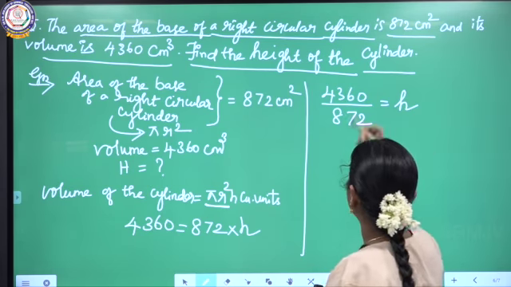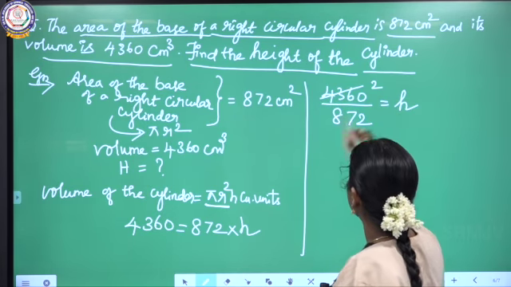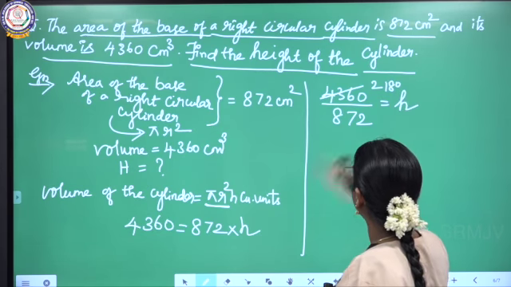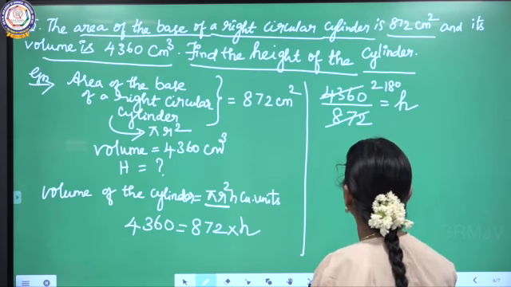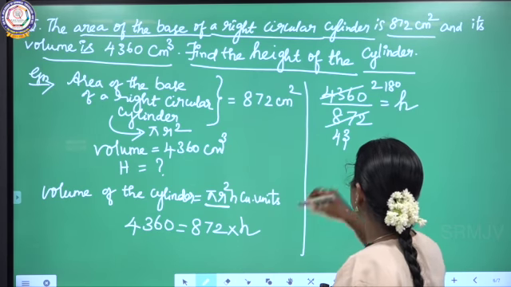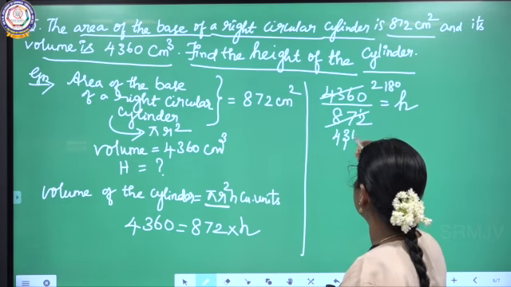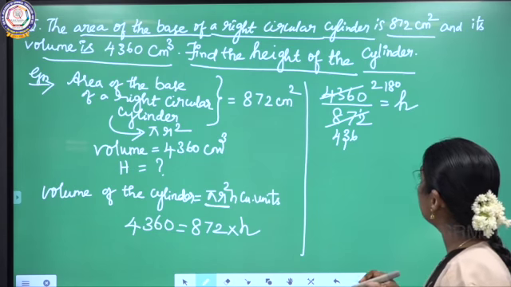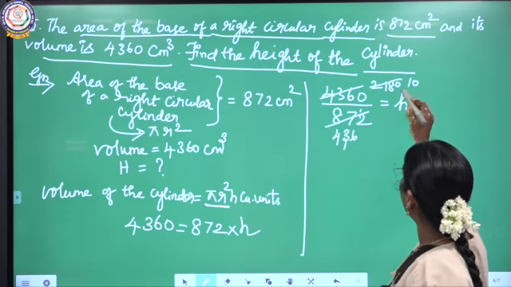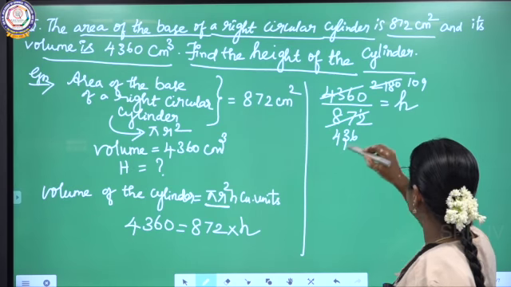So 2 table I can cancel. 2 2s are 4. 2 1 8 0. Here also I can cancel by 2 table. 2 4s are 8. 2 3s are 6. Balance 1. So 6. Again I can cancel this in 2 table. 1 0. 2 9s are 18.